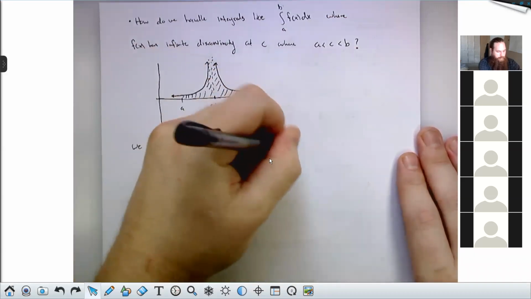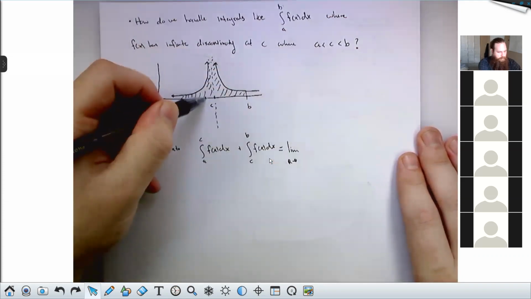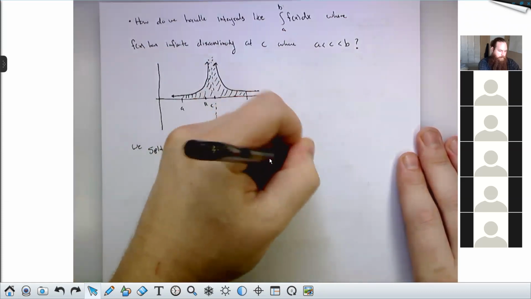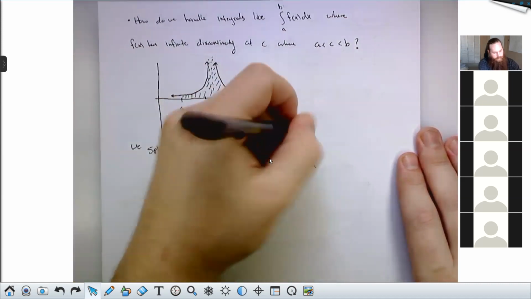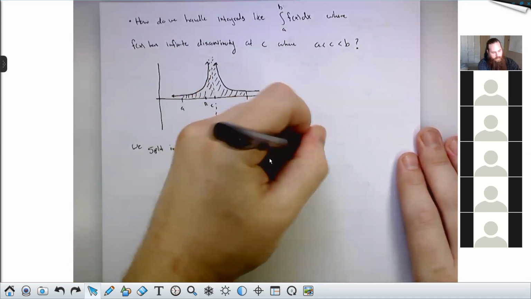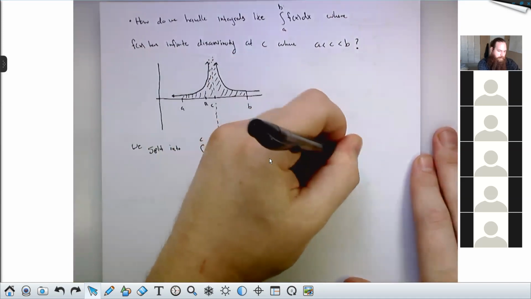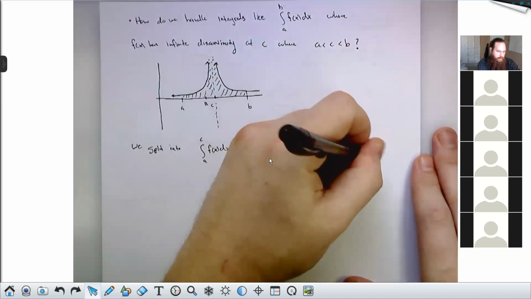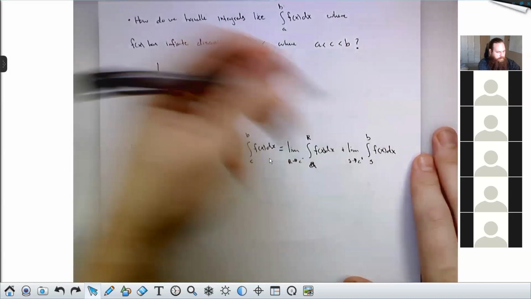This would be a limit as r approaches c from the left of the integral from a to r of f of x dx plus the limit as s approaches c from the right of the integral from s to b of f of x dx.